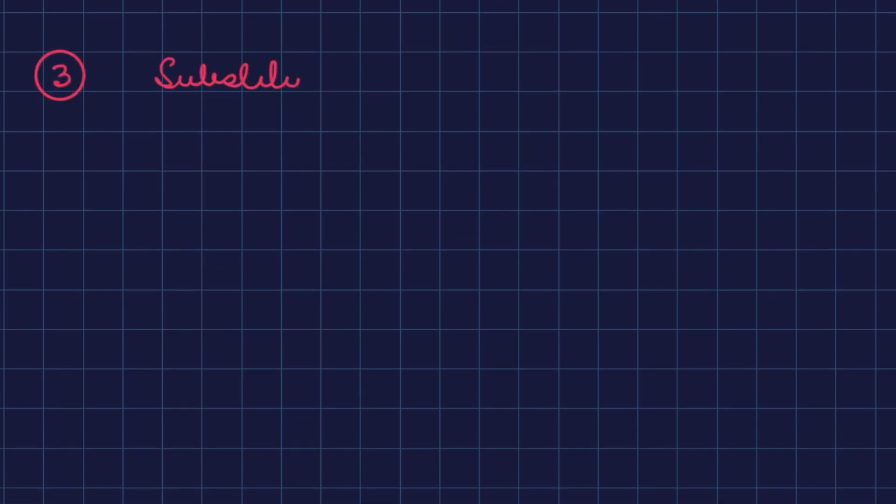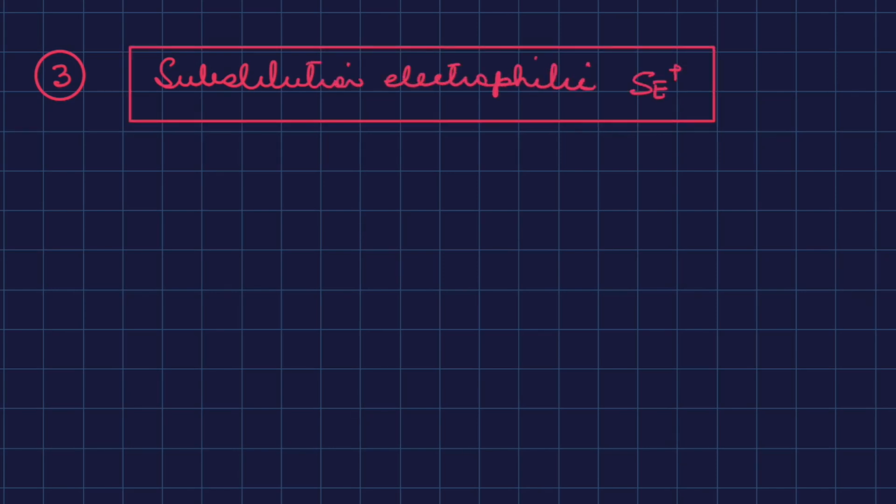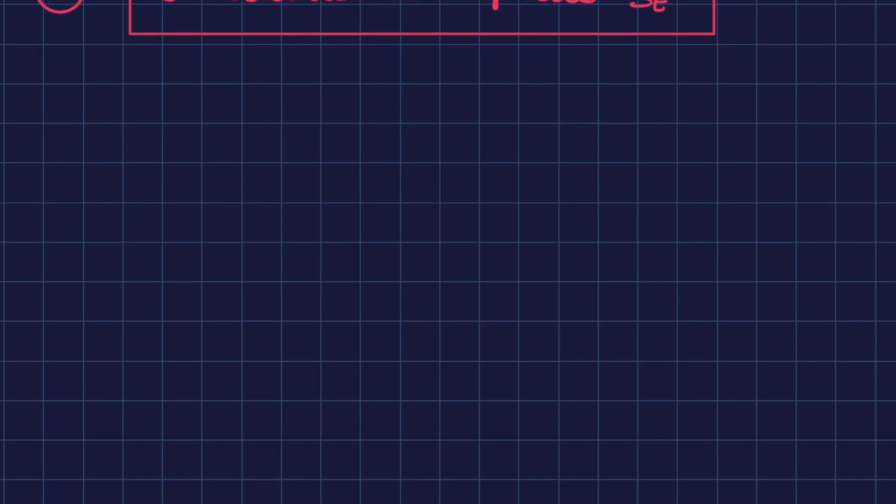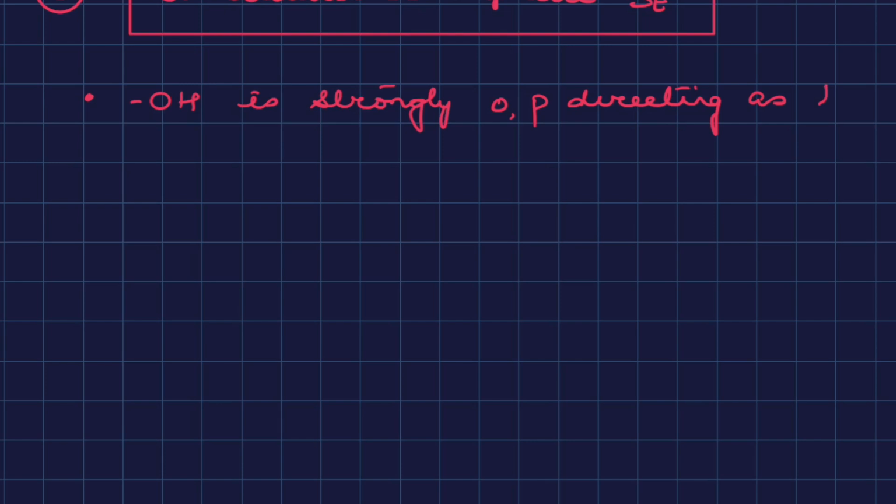Let's do electrophilic substitution. Let's do a few reactions where we perform electrophilic substitution on the benzene ring. OH is strongly ortho-para directing, as O has a lone pair of electrons.